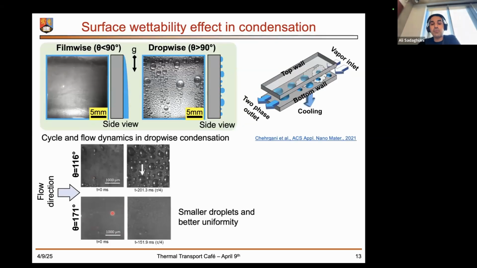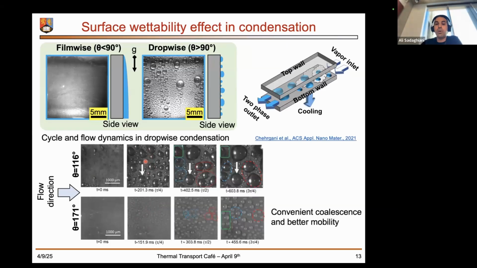But as the condensation process continues, we observe discrete and more uniform droplets on the superhydrophobic surface than the hydrophobic one. But one of the things that we observe on hydrophobic surfaces is the droplet pinning.